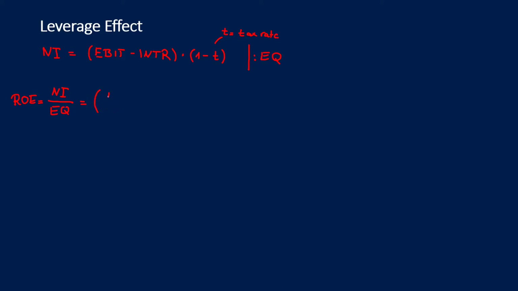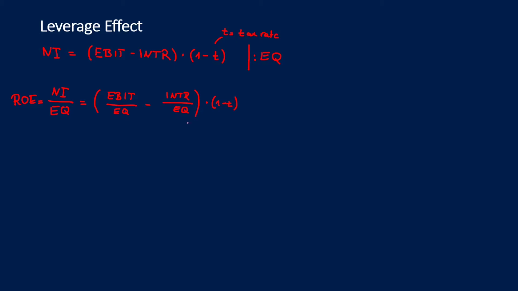So I have the bracket here with EBIT divided by equity minus interest divided by equity times 1 minus t.